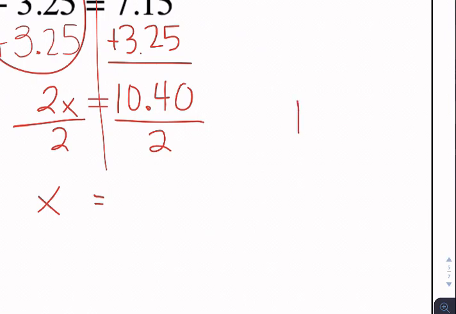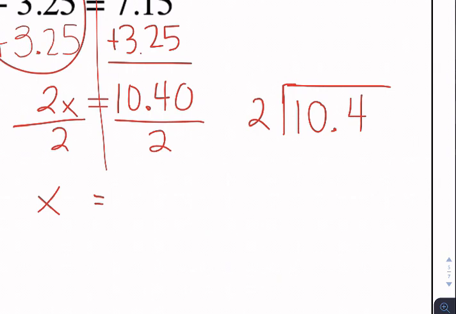The top number goes on the inside, and I'm just going to do 10.4 because that's the same thing as 10 and 40/100. And the second number goes on the outside when we divide. Now, this one is a nice easy one for us because this number doesn't have a decimal, so I don't really have to worry about moving anything. I have some videos on how to divide with decimals and multiply with decimals if you are interested.